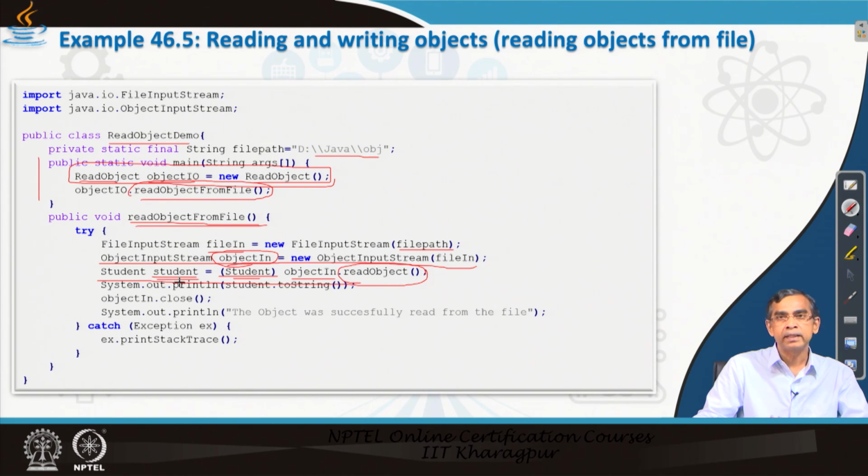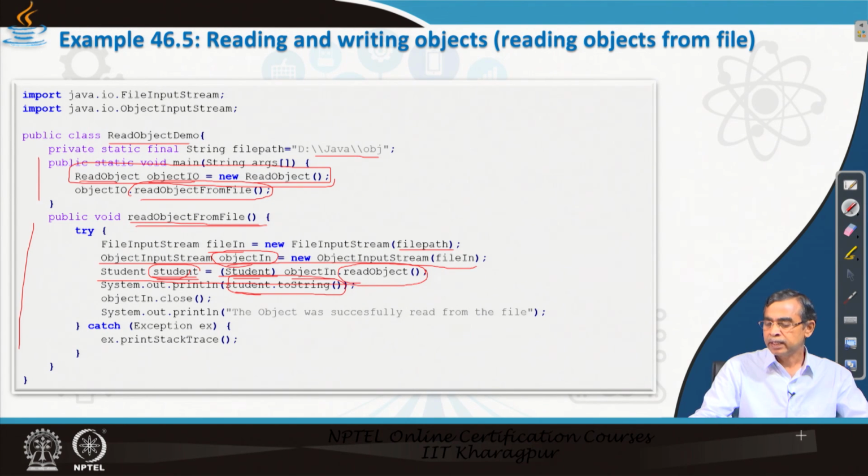Then that object you can print, so that you can see it: system.out.println student. If you write it, it prints the object that you could retrieve from the file. Anyway, this program explains how reading and writing can be done from a file.